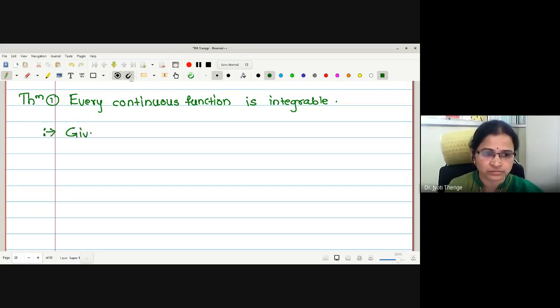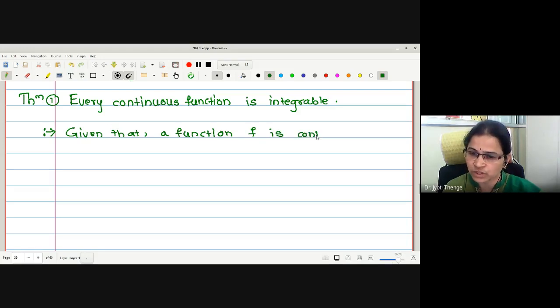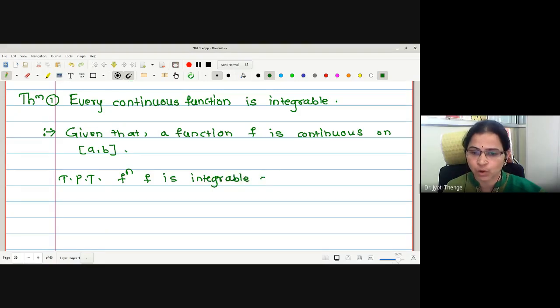Given that a function f is continuous on closed interval AB. We want to prove: function f is integrable on closed interval AB.